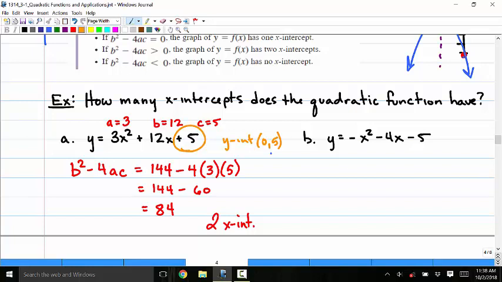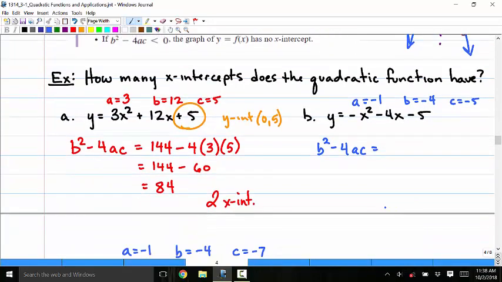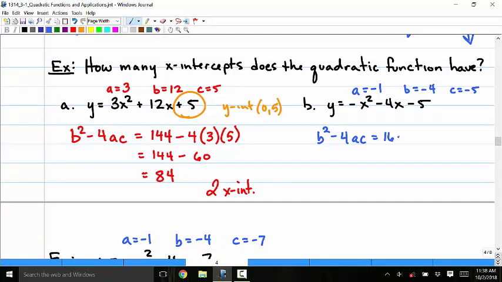Okay, on B, what is A? Negative 1. What is B? Negative 4. And what is C? Negative 5. So go find the discriminant. B squared minus 4AC. B squared is 16 minus 4 times negative 1 times negative 5.